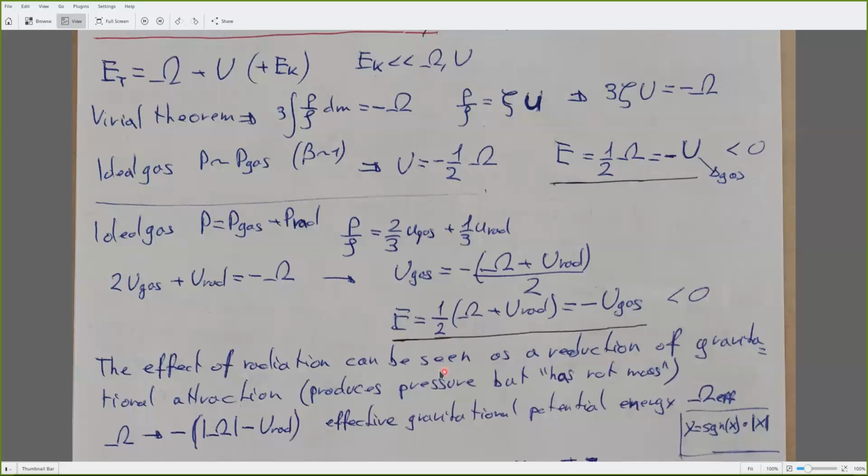What changed? We can consider that the internal energy due to the radiation can be seen as a reduction of the gravitational attraction. That's because the radiation produces a pressure that expands like the gas, but has no mass.